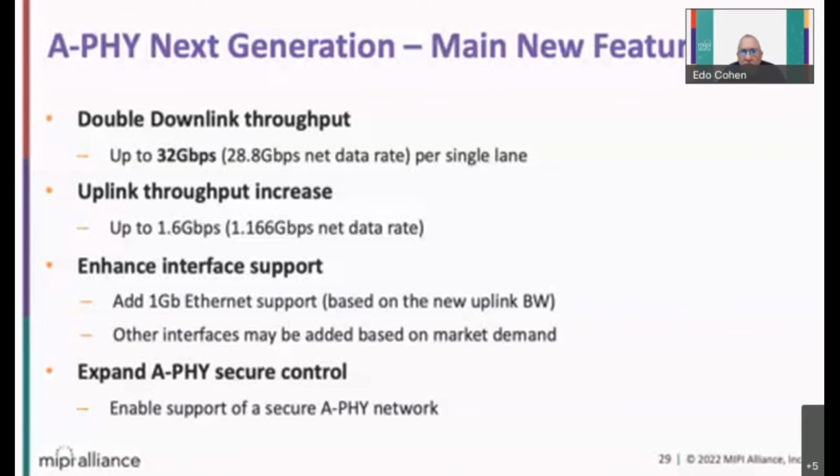The first item is the plan to double the per lane bandwidth that A-PHY can provide, on all types of cables, reaching 32 gigabit per second for a single lane. This is in alignment with the MIPI Alliance long-term goal of generating a clear roadmap of higher bandwidth, supporting the rising demand of the automotive ecosystem.